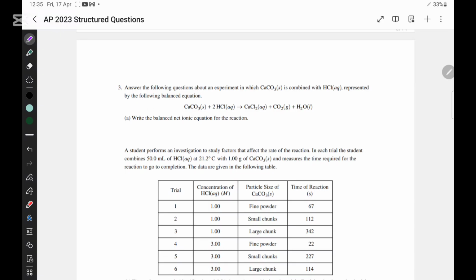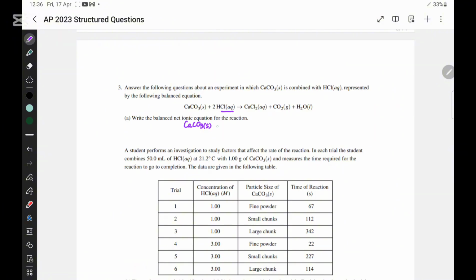So in this question they are saying write the balanced net ionic equation for the reaction. For a balanced net ionic equation, we know that only aqueous forms are going to be converted into ions. So that is going to be calcium carbonate in solid state.